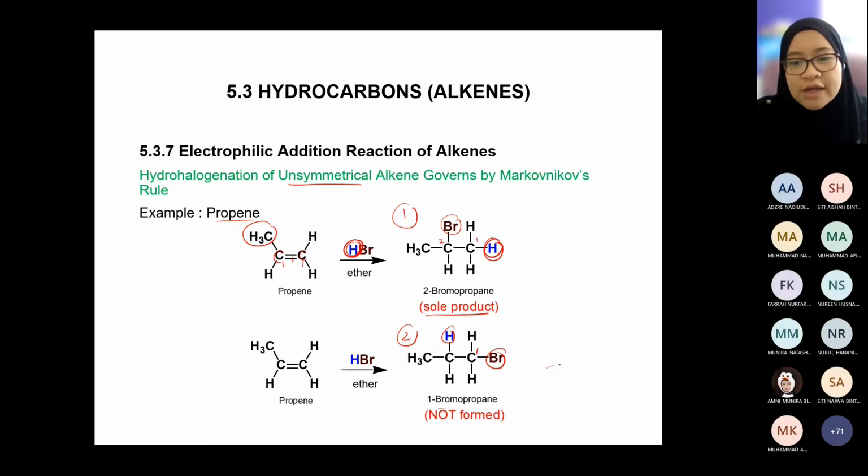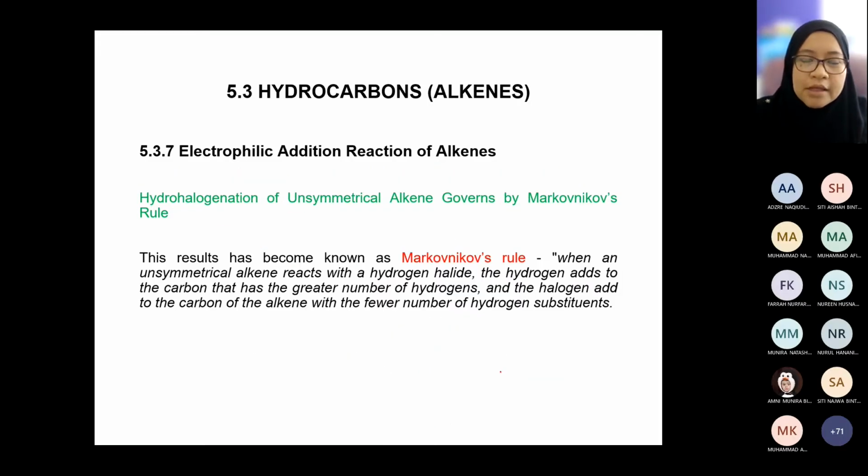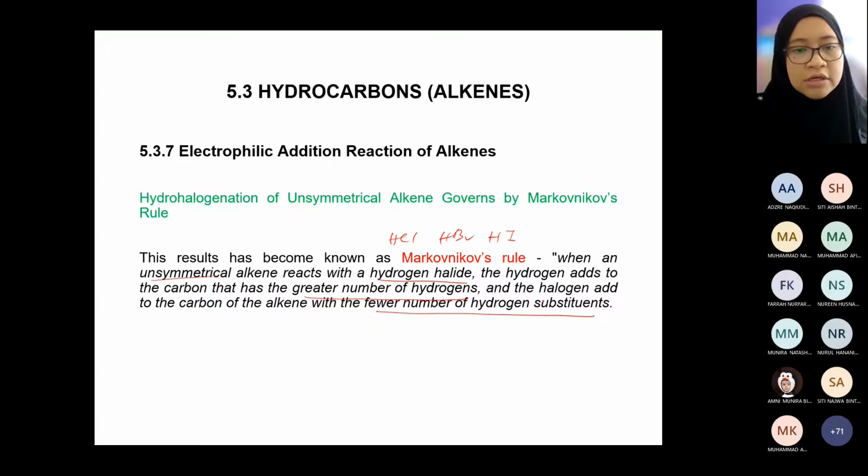So why will this one not be formed? But before that, you have to know the Markovnikov Rule states that when an unsymmetrical alkene reacts with a hydrogen halide, like HCl, HBr, or HI just now, the hydrogen adds to the carbon that has the greater number of hydrogens, and the halogen adds to the carbon of the alkene with fewer hydrogen substituents.